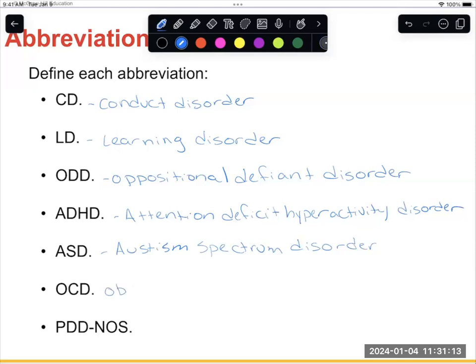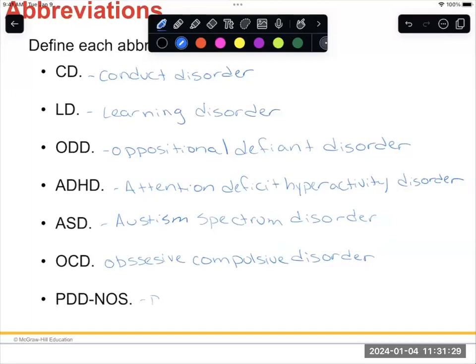OCD, obsessive compulsive disorder. And then pervasive developmental disorder not otherwise specified.